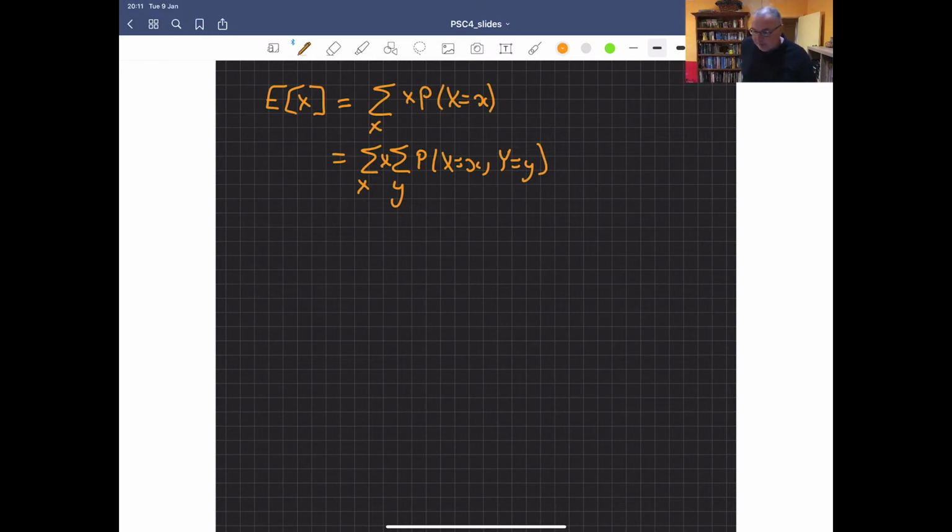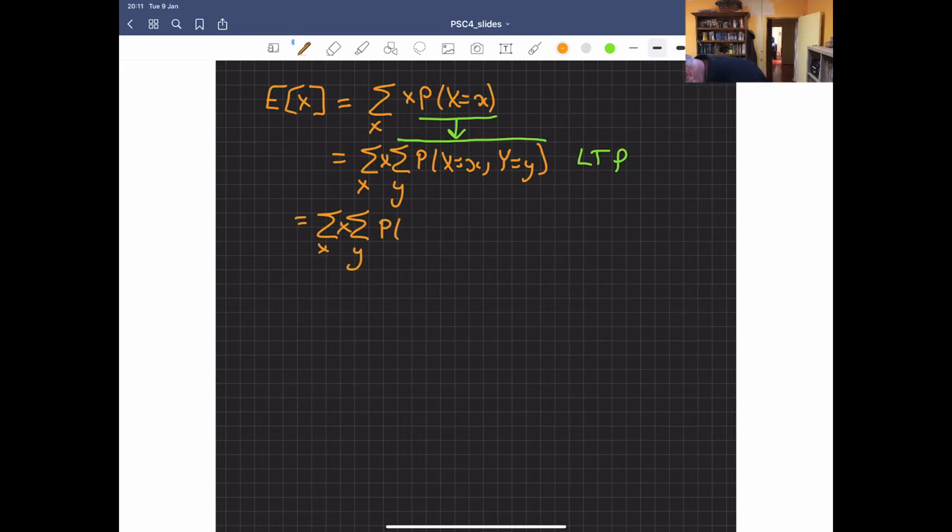So what I've done is I have gone from this to this using the law of total probability. Right, we can rewrite that. That's x, that's y, we've got a little x there, and this is the probability that X equals x given Y equals y times the probability that Y equals y, just by using our multiplication rule.